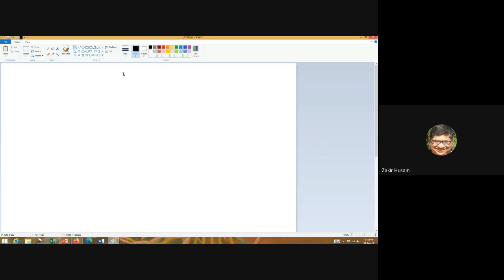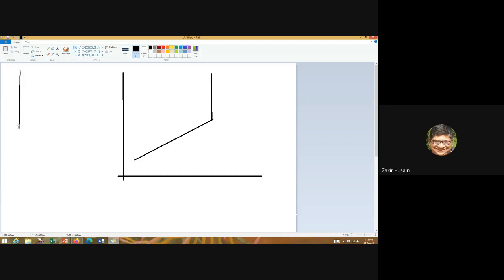Now, let us go to the other extreme. If we have the liquidity trap, we also have what we call the classical portion. In terms of the money demand function, this was the money demand function.